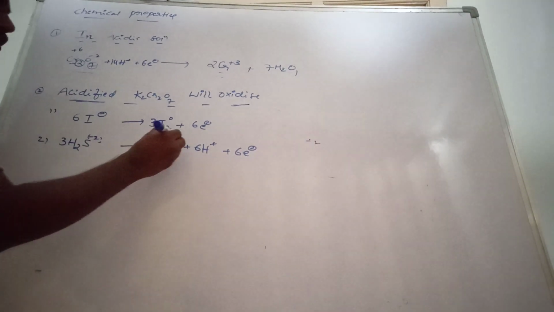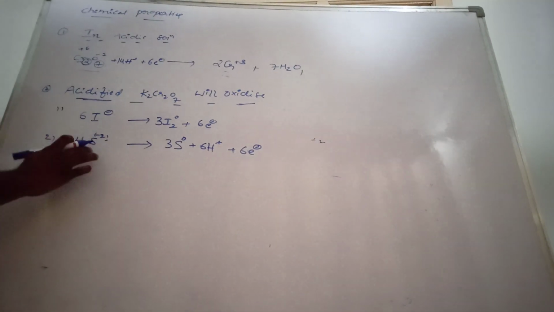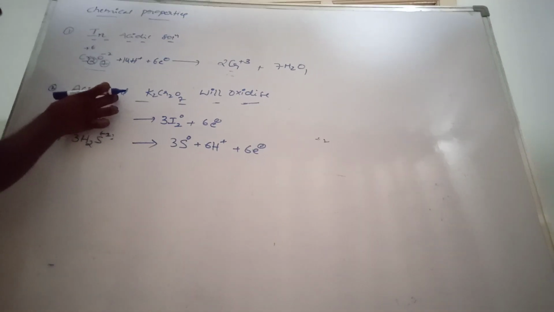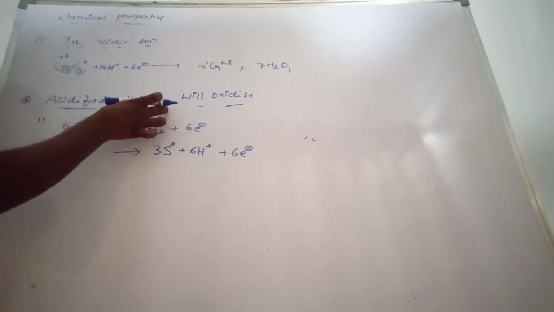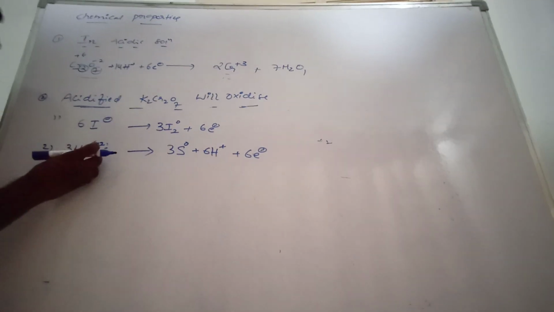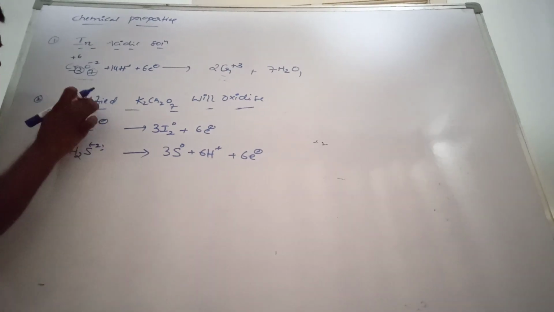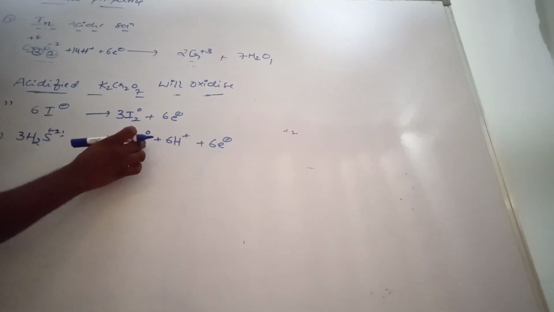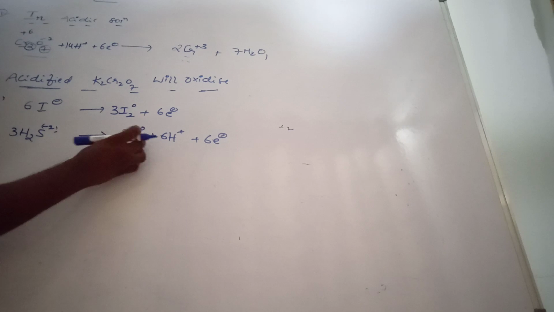It is minus 2, this is 0. The oxidation number increases, so it is oxidized in the presence of acidic medium under dichromate ion. Very important: if H2S is given in acidic medium, no doubt about it, you will write sulfur. Already you know this in first PUC, H2S gives S.